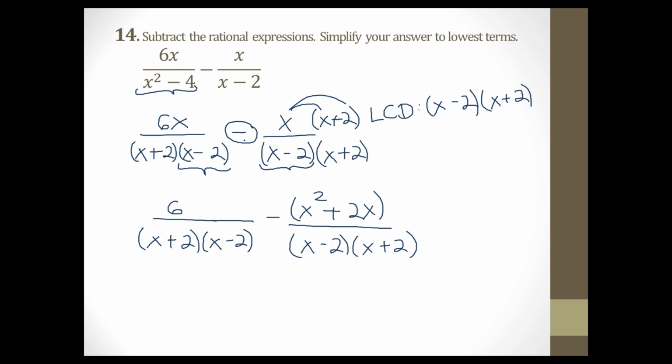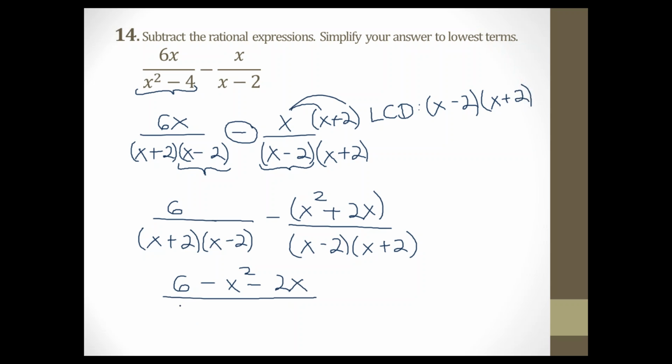If there is a negative sign, you have to be careful because that gets distributed to everything you get in the numerator. So I'm going to distribute the sign, which is just going to change the signs of everything inside the parentheses. So negative times x squared is negative x squared, and negative times positive 2x is negative 2x.